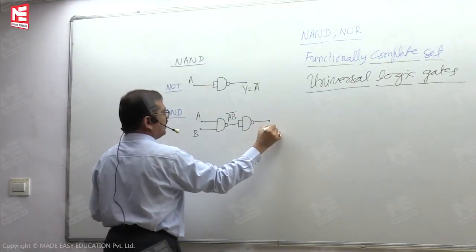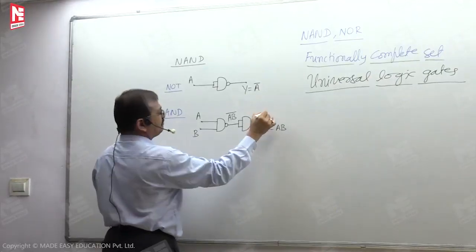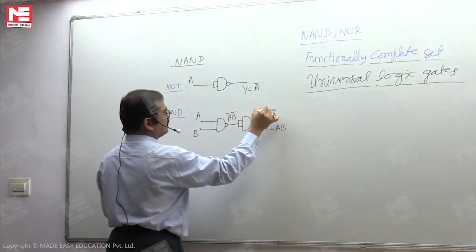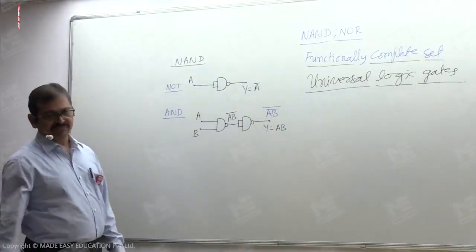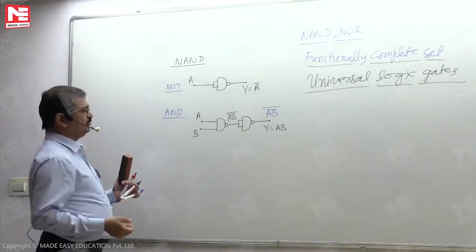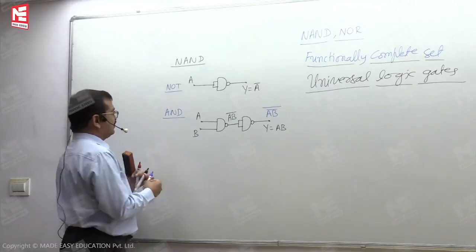Because of one more complement, effectively it is AB, by using De Morgan's property, or the fifth property we listed in the properties list.